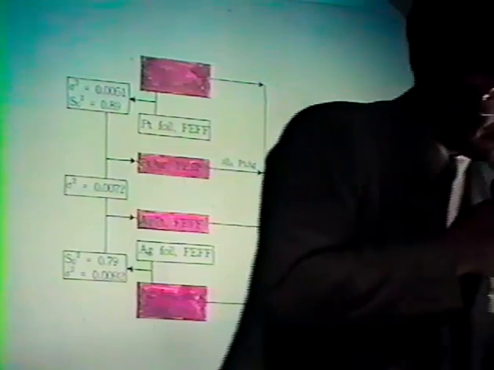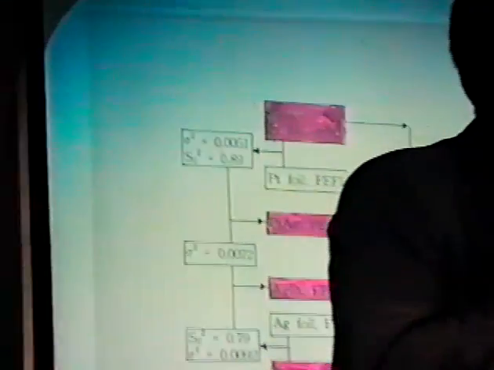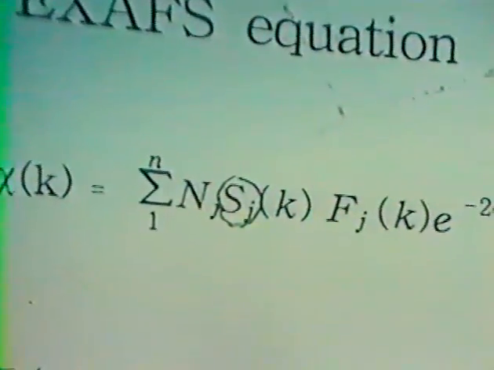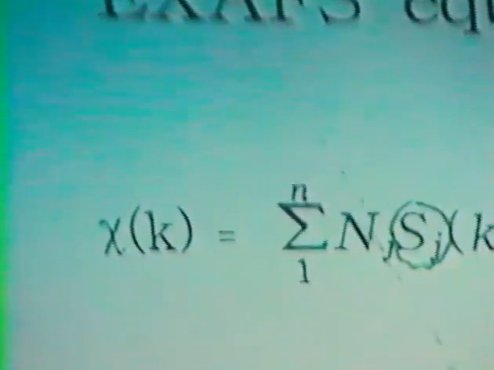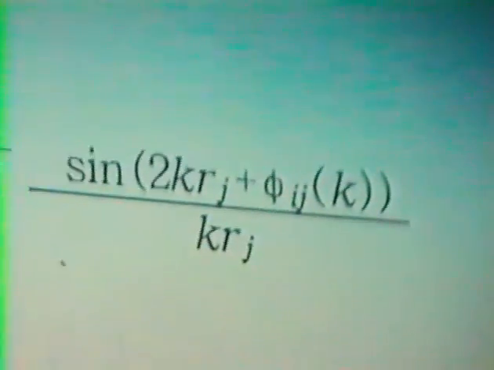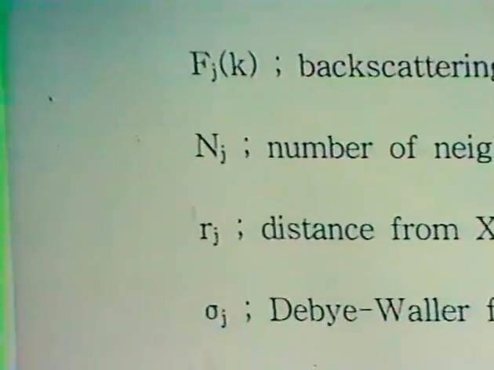But for a very elaborate curve fitting technique, we need some standard samples for curve fitting, because we need to fit for this equation, and for this phase shift function, and for others we need the reference sample. But sometimes it's very difficult to find a good reference sample.